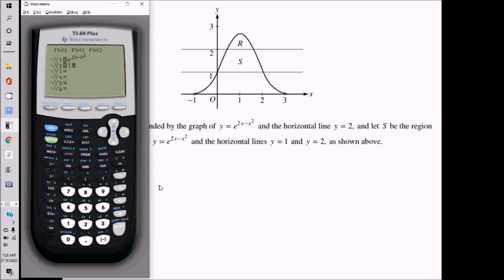And let me go now, let's see, for my window, I'm going from -1 to 3 to get the whole picture of what they gave me there. Zoom 0, zoom fit. So there again is f of x, and now we have the line y equals 1 cutting through that. And I'm just finding my intersection points. So second trace, intersect, option 5.